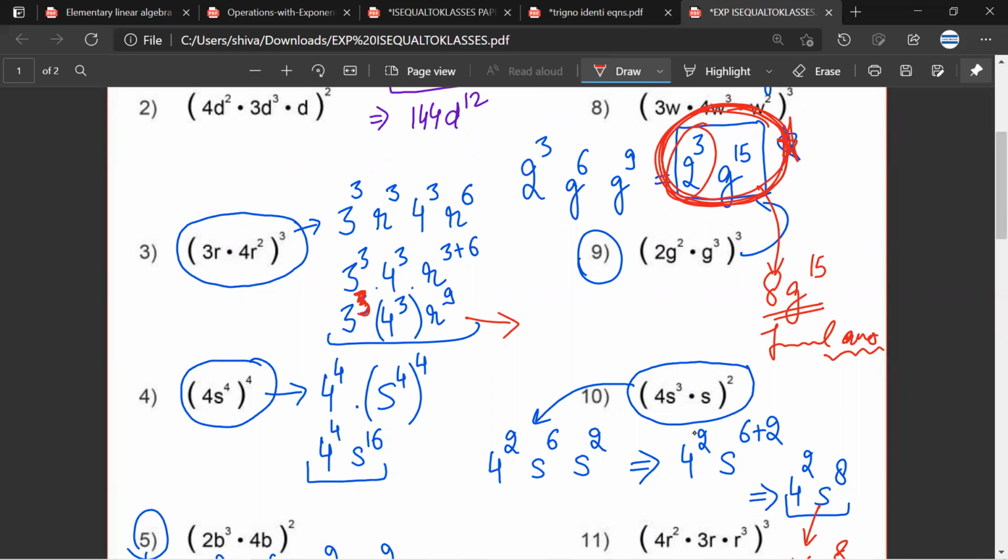Satya, can you hear me? 3 cube would be equal to 27. And 4 cube would be equal to 64. Shabash. And this would be s^6 or 9, and then you'll have to multiply 27 and 64, and then you'll have to get the final answer.